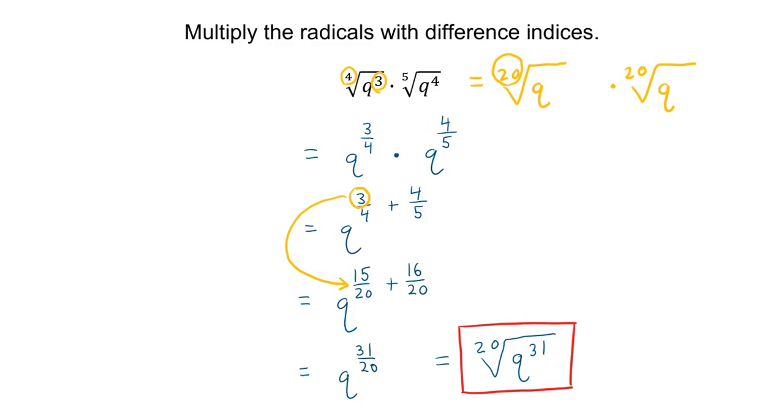Well, to transform the expression from a denominator of 4 to a denominator of 20, I had to multiply the denominator by 5, which means I also had to multiply the numerator by 5. So our 3 transformed into a 15 because 3/4 is the same thing as 15/20. Well, the same thing applies. To transform this 4 into an index of 20, I had to multiply by 5. So that means I have to multiply the exponent of 3 by 5 to get 15.